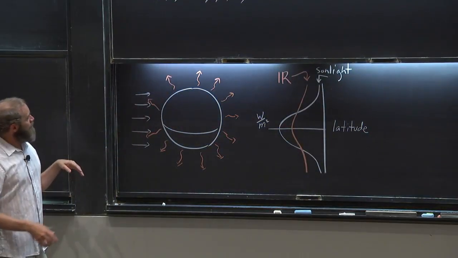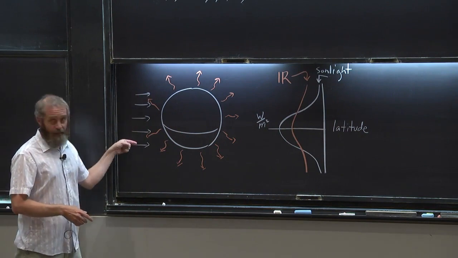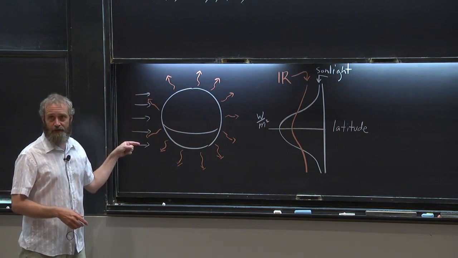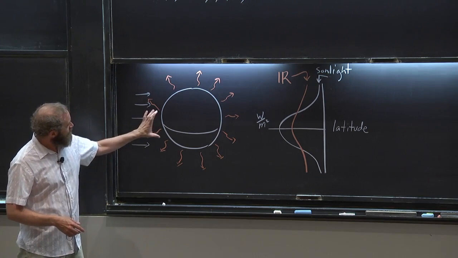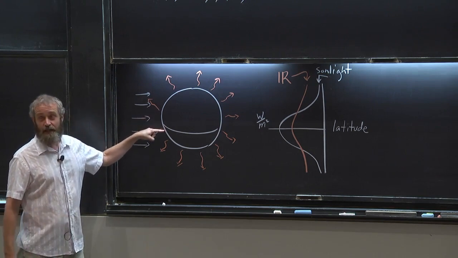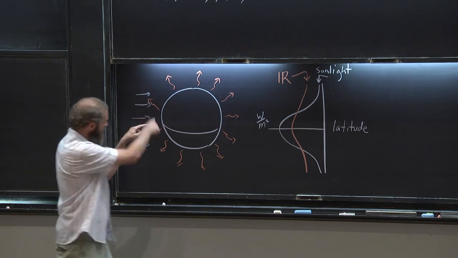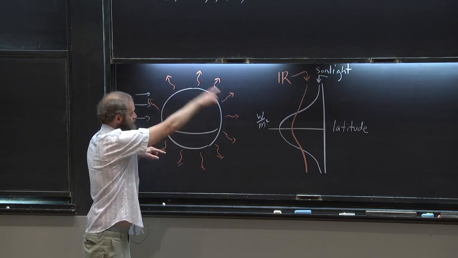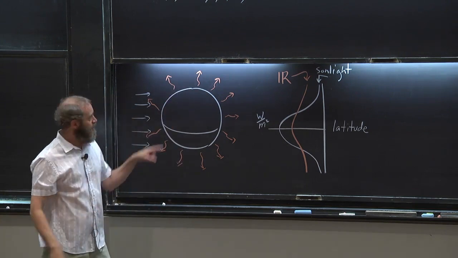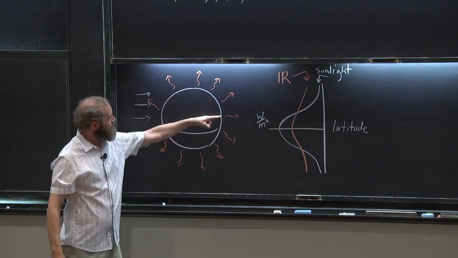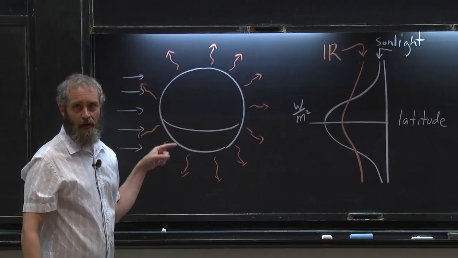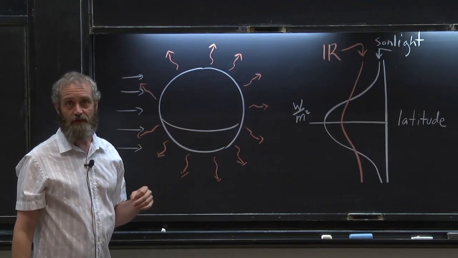So the real geometry is that you have sunlight all coming from one direction, from the sun, and it's coming in most strongly at the equator. Infrared light is leaving everywhere around the Earth, and the rate at which it leaves depends on the temperature of the ground, according to epsilon sigma T to the fourth.